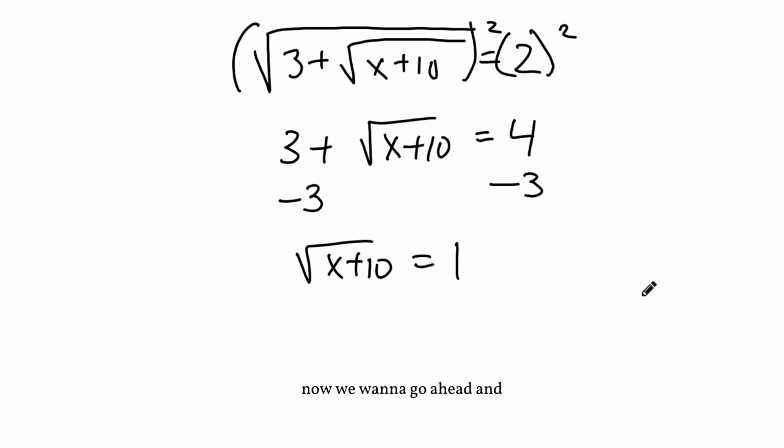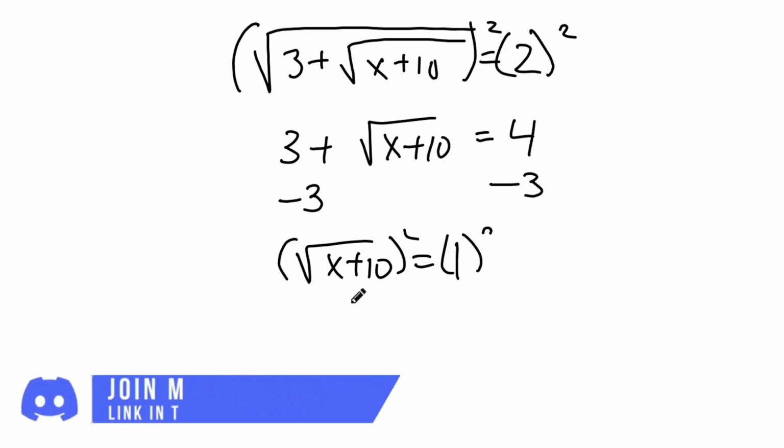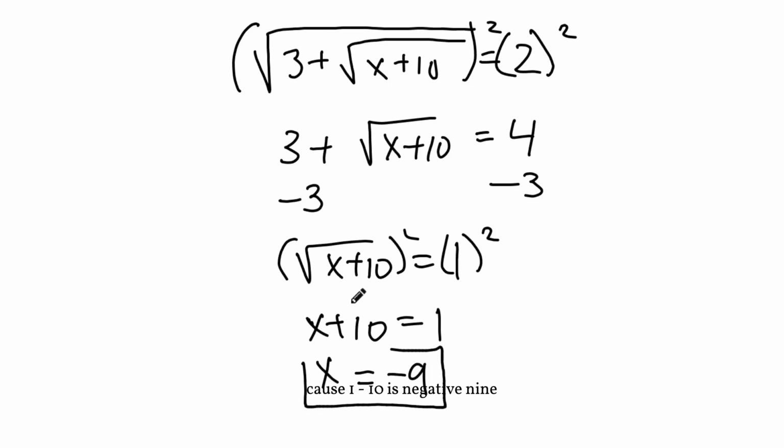Now we want to square both sides again to get rid of that radical, and we get x plus 10 equals 1, because 1 squared is 1. And we subtract 10 from both sides, we get x equals negative 9, because 1 minus 10 is negative 9.